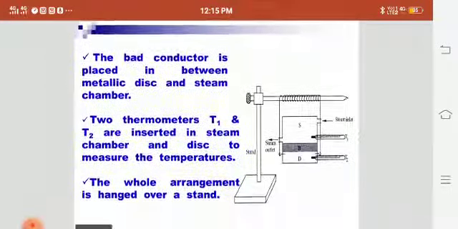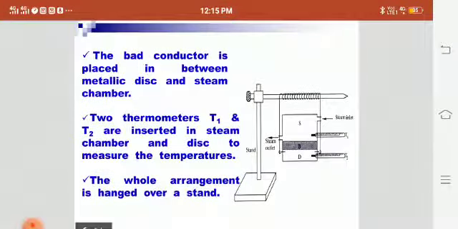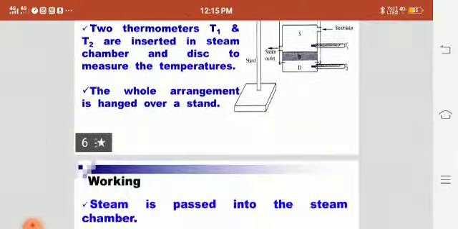The bad conductor is placed in between the metallic disc and steam chamber. Two thermometers, that is T1 and T2, are inserted in the steam chamber and disc to measure the temperatures. The whole arrangement is hung over a stand.